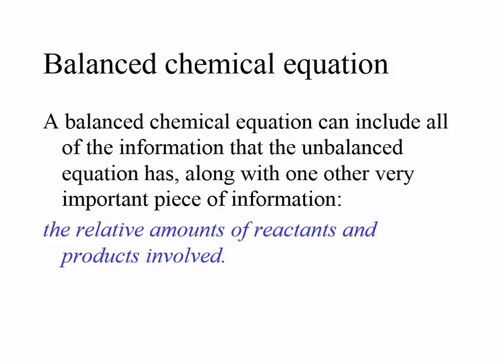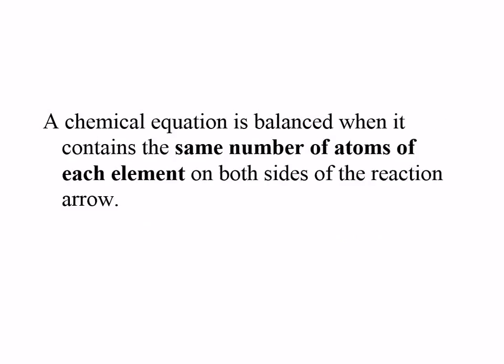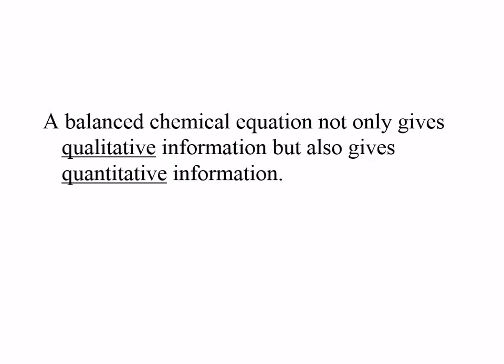I tell students a balanced equation to me is kind of like a recipe. It tells you, if you're going to make brownies, what do you need? Oh, butter, flour, sugar. Well, how much? That's where your balanced equation comes in. So a balanced equation gives you both qualitative information and quantitative information.